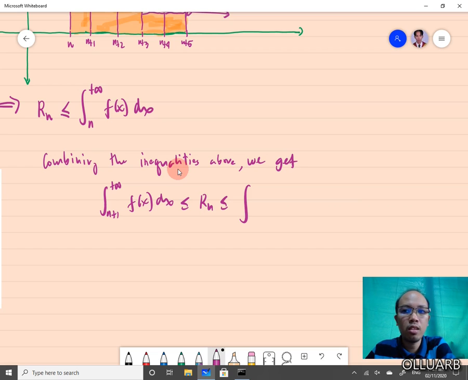So just analyze. Okay, this is the inequality if you combine the inequalities above.